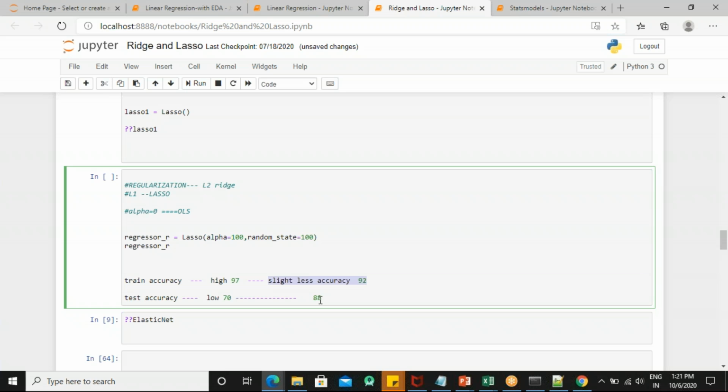Okay, so understand this, that regularization generalizes, and the whole purpose of our machine learning is to build generalized models.